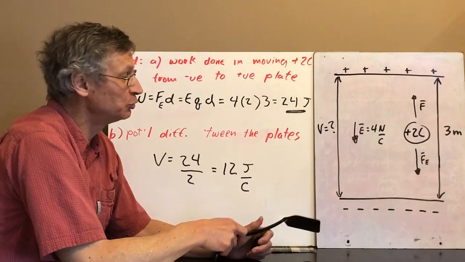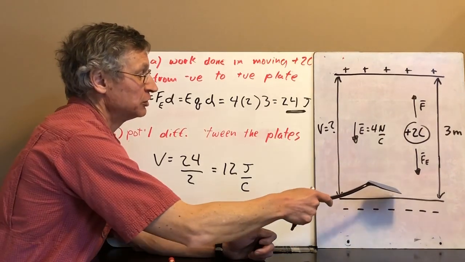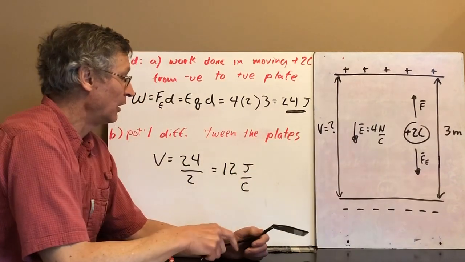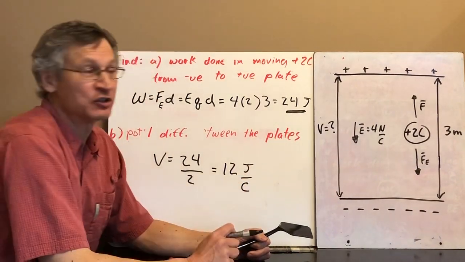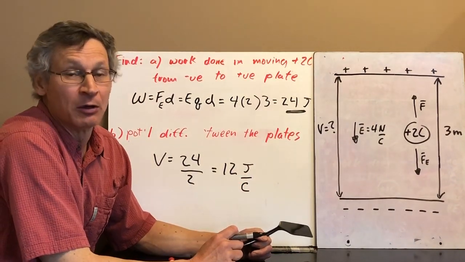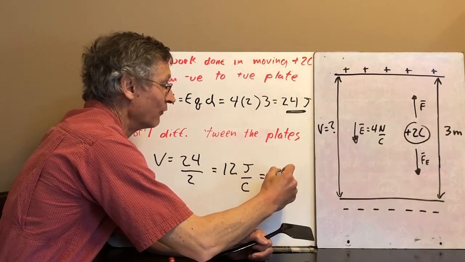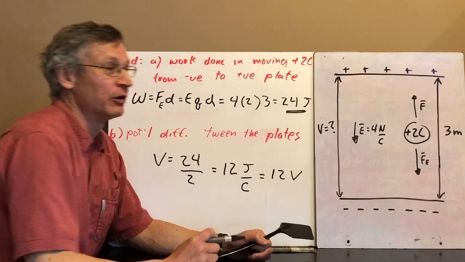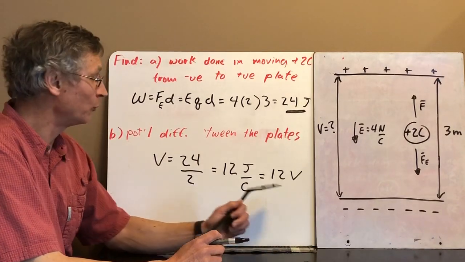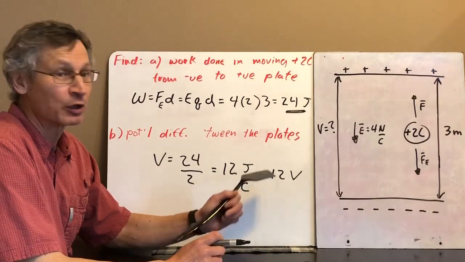Takes 12 joules of work to move a unit of charge from here to here. And of course, you never see 12 joules per coulomb written on a battery. You see 12 volts written on a battery. That's what a volt is. A volt is a joule per coulomb.